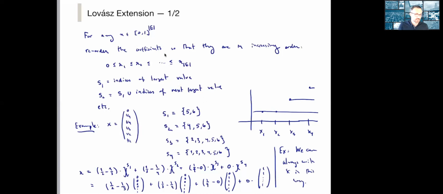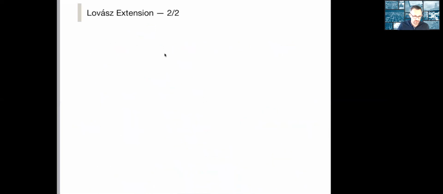So let me explain exactly what that means, and this is exactly the definition of the Lovász extension.